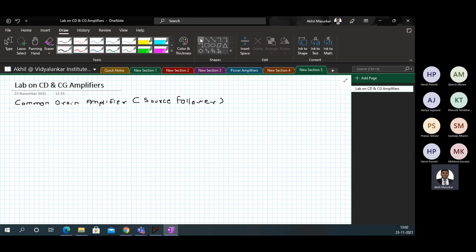Now before we go ahead, let's draw the circuit of this amplifier. So the circuit is like this.